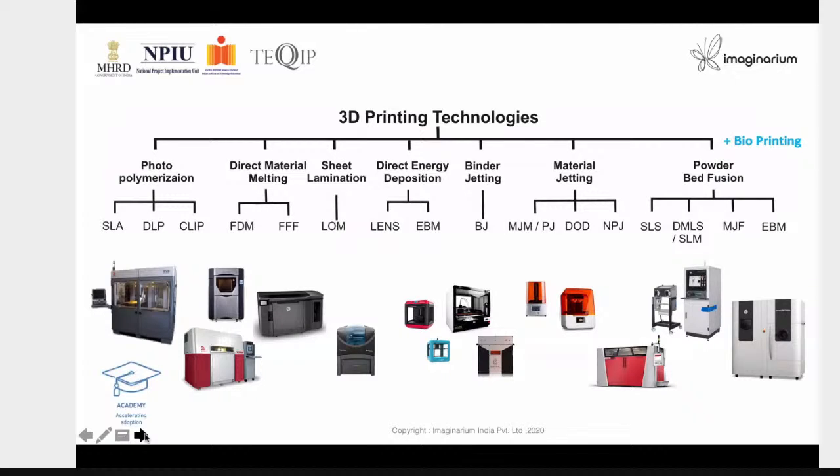So you have different types there: MJM, PolyJet, direct object, DOD. Then we have NPJ, and we have powder bed fusion. You have SLS, DMLS, multi-jet fusion, E-beam. They all come under these. But in all this, we also need to add bioprinting, which is yet another kind, which cannot come under these, but it is also there, and that is also 3D printing.